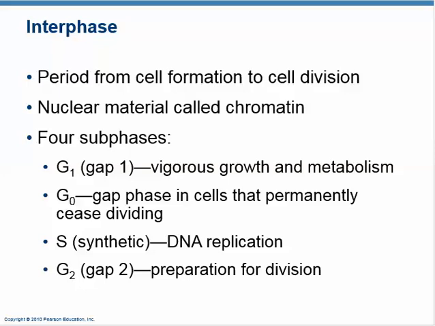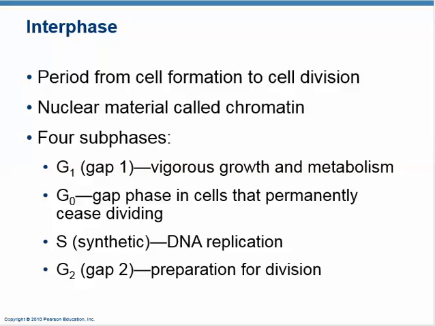So what happens in the case of, say, a neuron is that it just stays stuck in G0. So we find G1, S, and G2 in mitotic cells, and we find G0 in amitotic cells. So I don't quite know how to get this across, except to just say it.